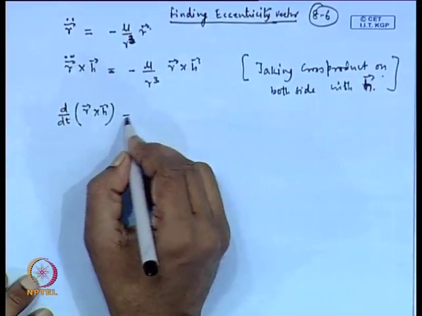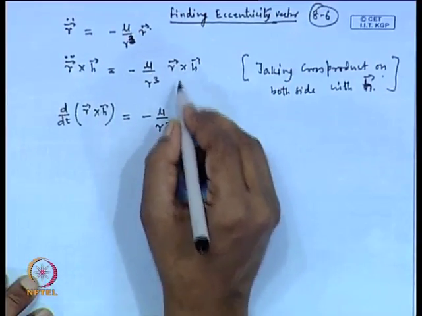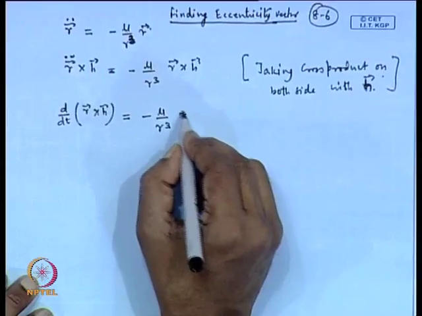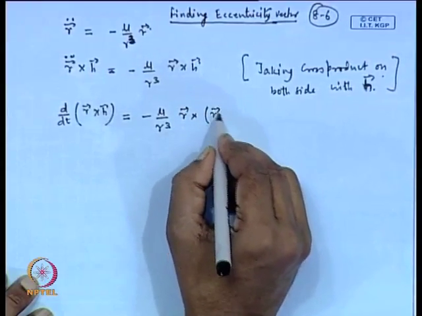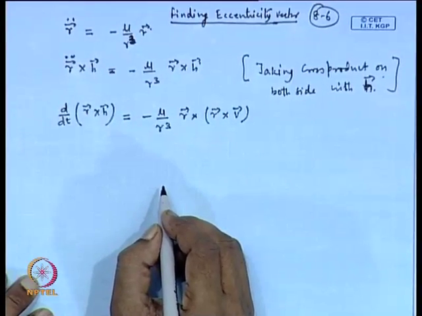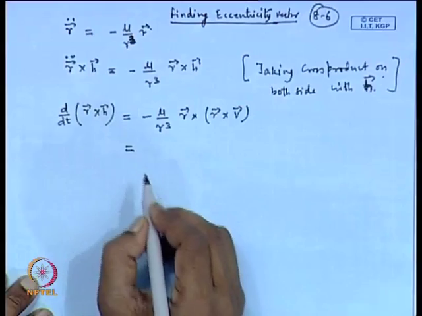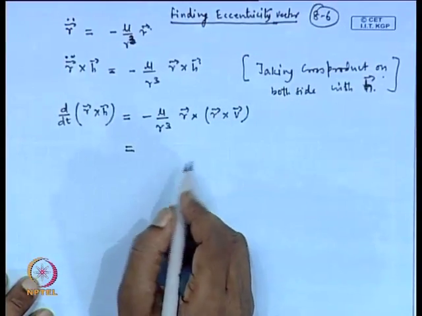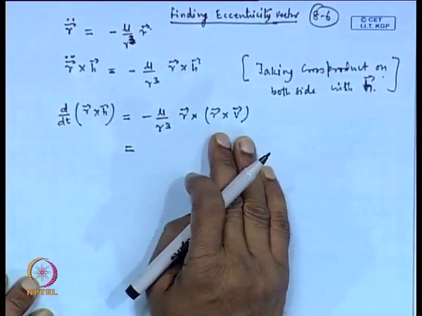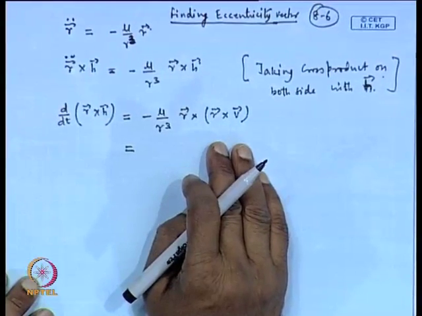Similarly, on the right hand side, this can be written as r cross v. Now, a little bit of working on this will make it simpler to work out.